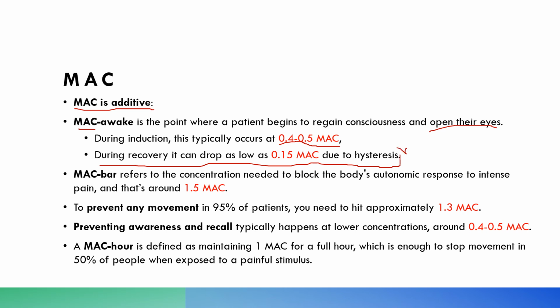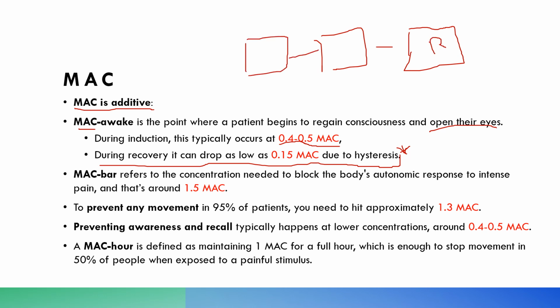So, hysteresis is, we have the compartments in our body, right? Say this is the brain. This is our bloodstream. And then this is our alveolar concentration, which correlates to our end tidal, correct?